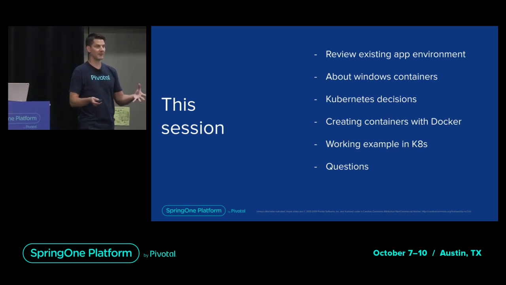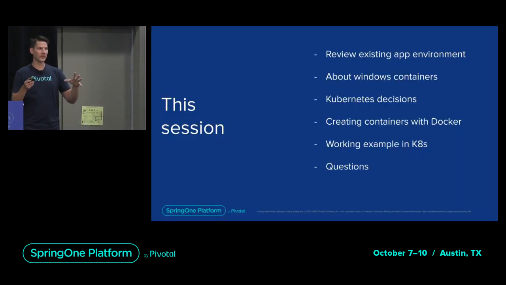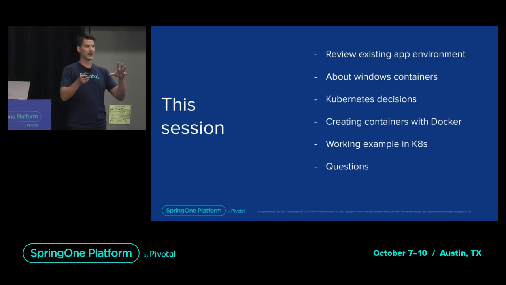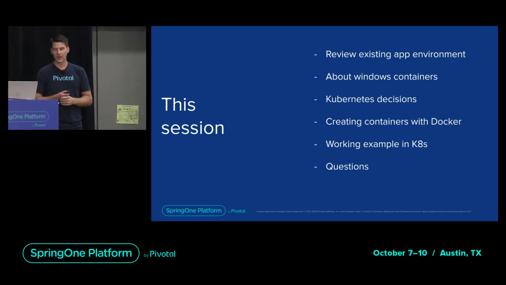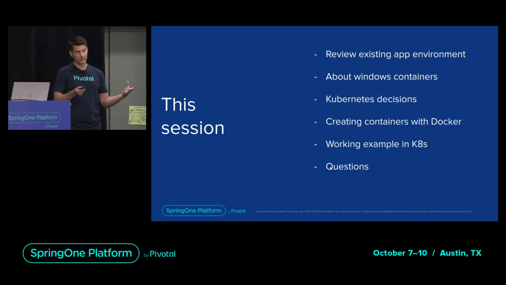What can you put inside of it? How do you make it? We want to help demystify Dockerfiles and Windows containers. We're going to get into some Kubernetes questions. As I said, we challenged ourselves to learn a little about Kubernetes and adapting an application to it.